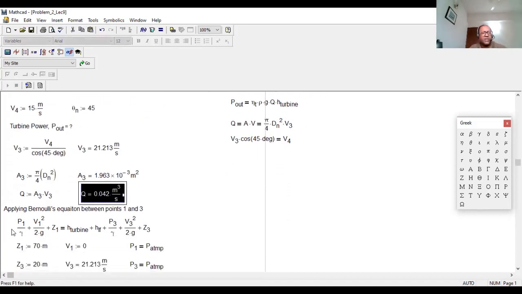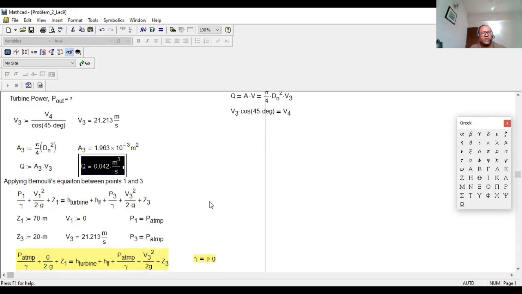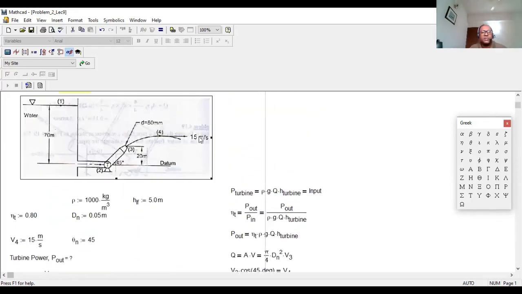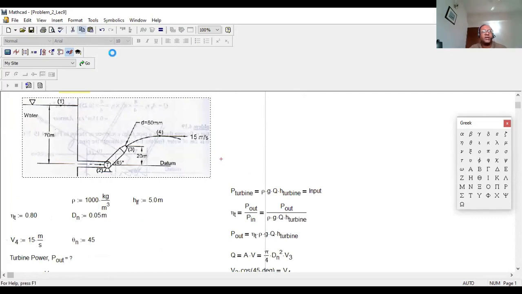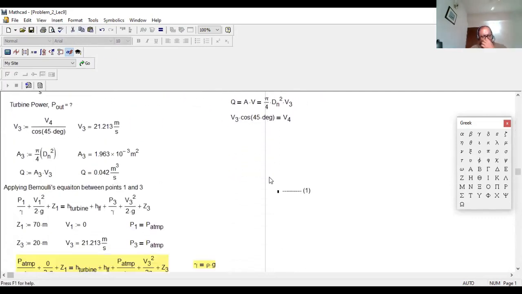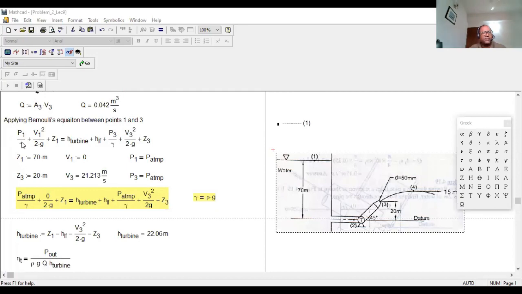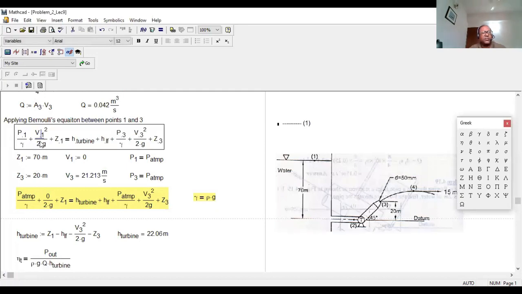Now you apply Bernoulli's equation between point 1 and 3. See what you are getting over here: P1 by gamma, V1 square by 2g, Z1, then H turbine, then frictional loss, this much energy leaving from point 3.